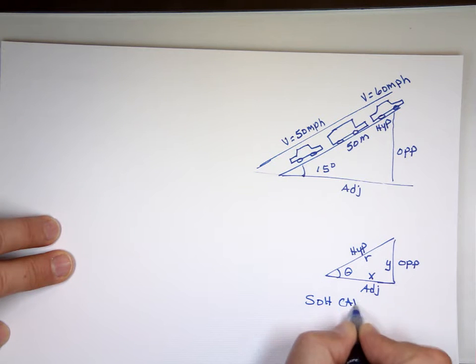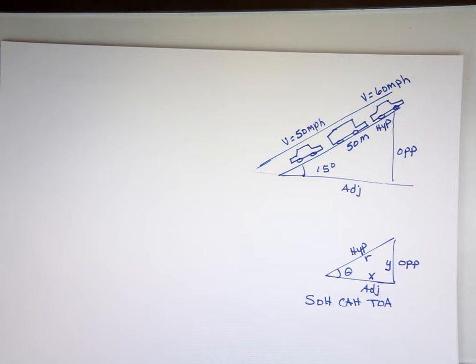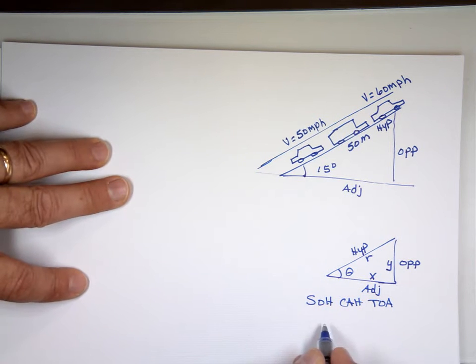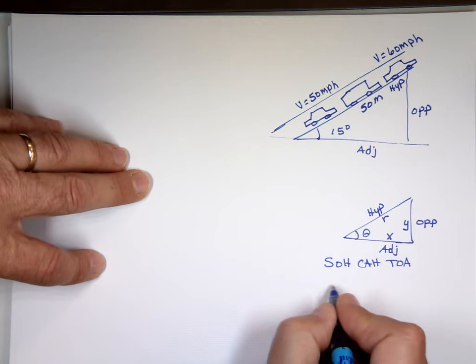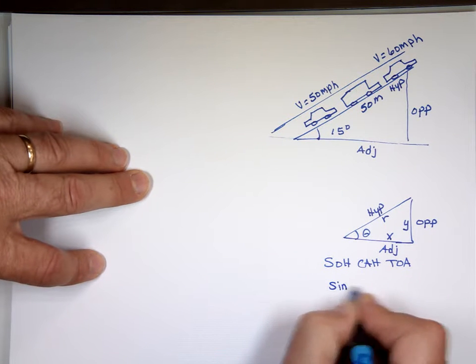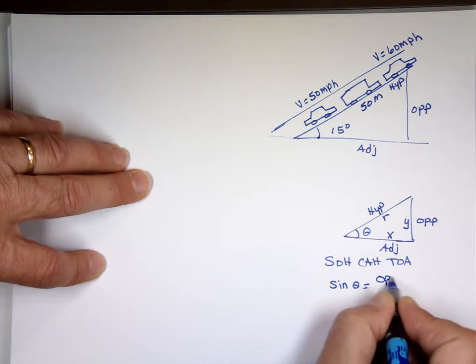Remember this? If you took trig, SOH CAH TOA. What does that mean? That's some Indian chief, by the way, the name. I don't know what his claim to fame is, but everyone used that. We can research that and see. The sine of theta is thus O for opposite, H for hypotenuse.